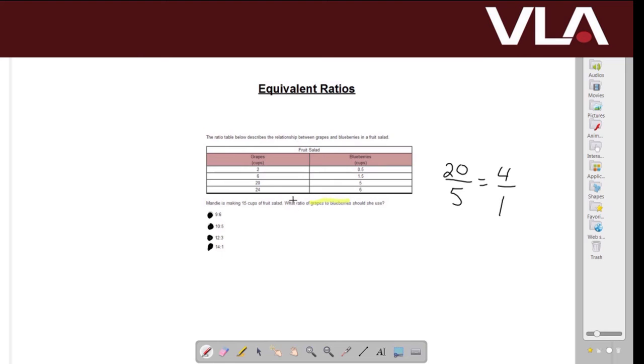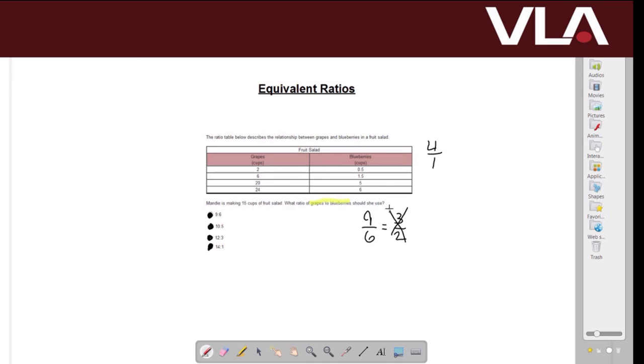So let's start with the first one. Remember, we're trying to get a 4 over 1 ratio. The first one is 9 to 6. If I reduce that, 3 can go into both of those numbers. 3 goes into 9 three times, and 3 goes into 6 twice.